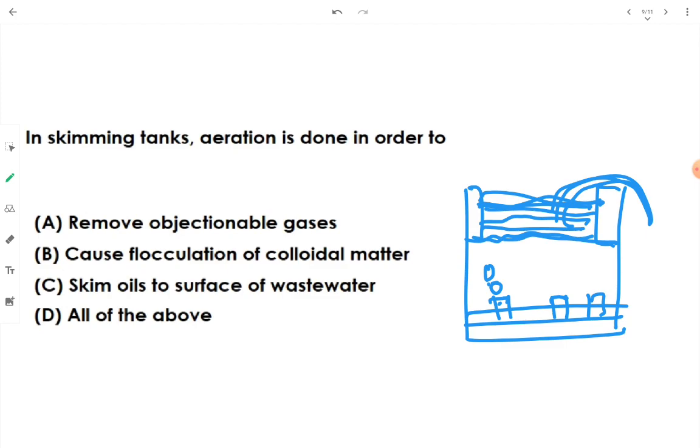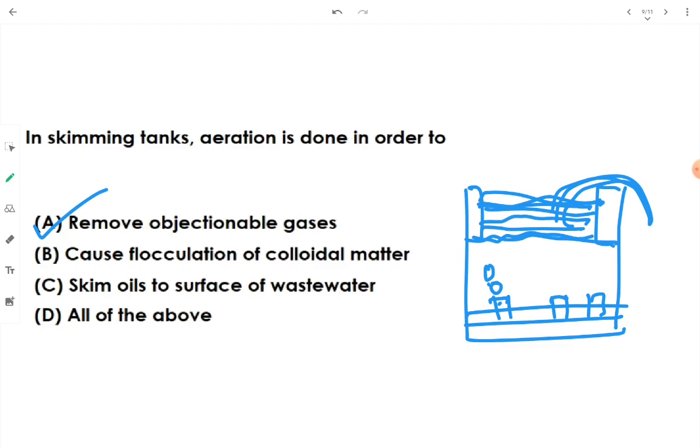Now aeration has the added advantage of removal of objectionable gas. Then it causes flocculation of colloidal matter. Small particles are there, they will be making a flock. A number of fine particles of colloidal matter will be there, then bubbles of air will come to hold them together, they will form a flock, and this flock along with the air bubble will go upward, and then they will be skimmed off.